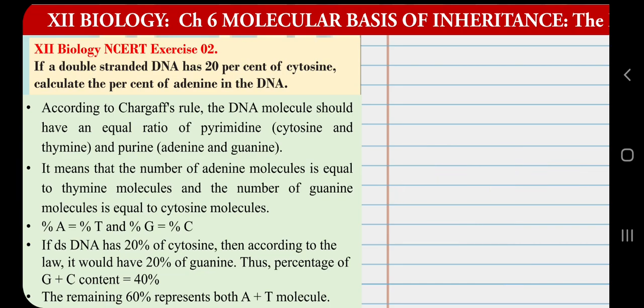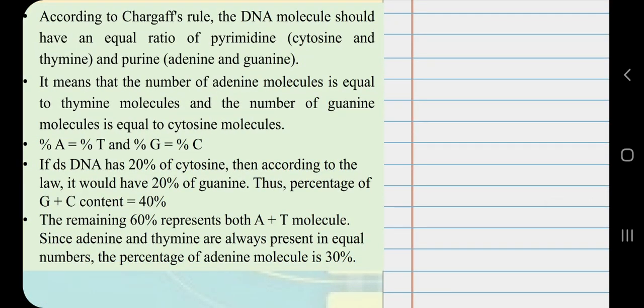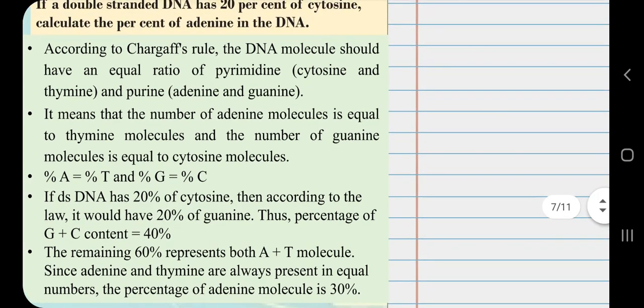Because of this simple logic we are able to solve one NCERT exercise. This is the solution: the adenine will be 30%. We need not perform many big or complicated calculations.